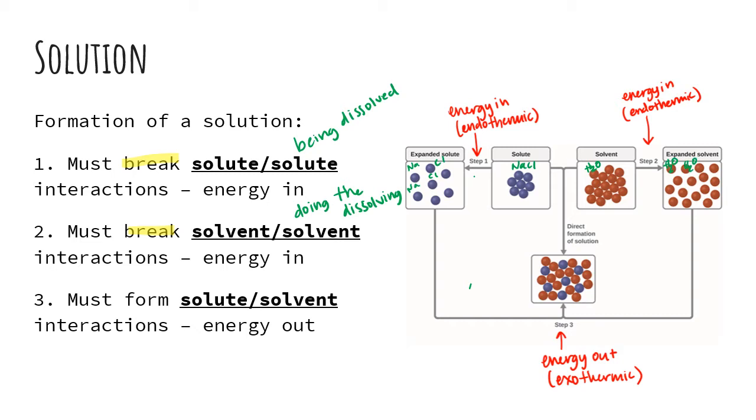And then finally, we have to form a new attraction between the solutes and the solvents. Notice here, we now have the NaCl interspersed throughout the water. So when we form a solution, we've got to break apart the solute, break apart the solvent, and then put them together and form new attractions.